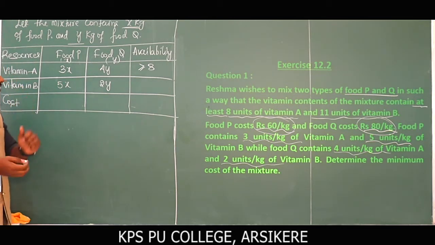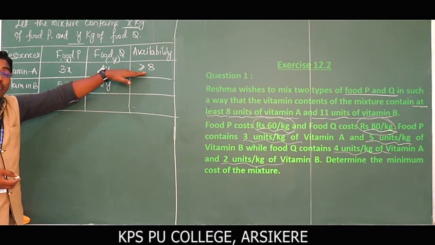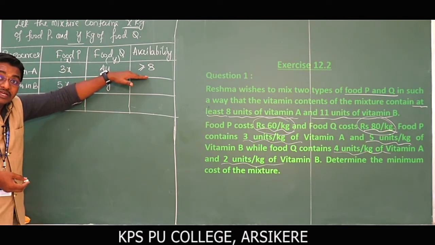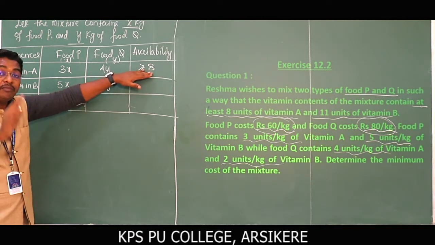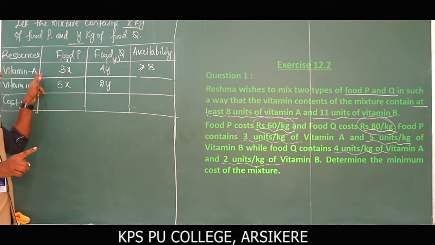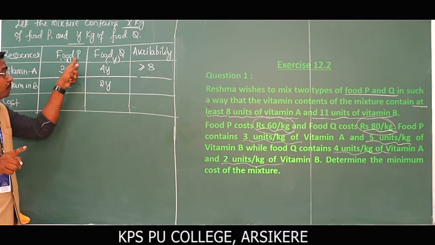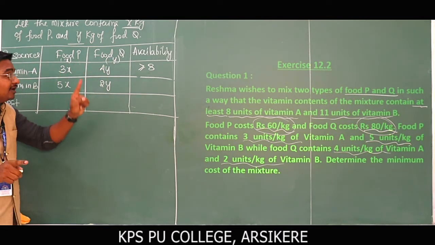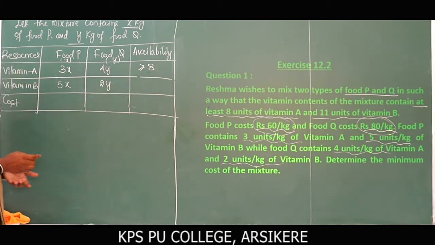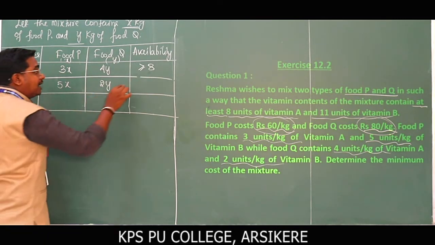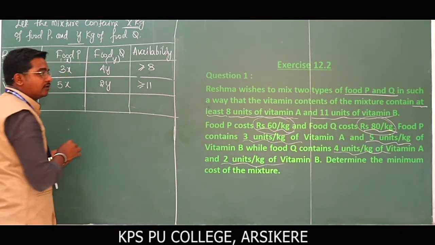At least means the mixture of vitamin A must be greater than or equal to 8. So at least 8 units. It contains minimum 8 units of vitamin A. The mixture of both food P and Q must contain a minimum amount of 8. Similarly for vitamin B, this is greater than or equal to 11.